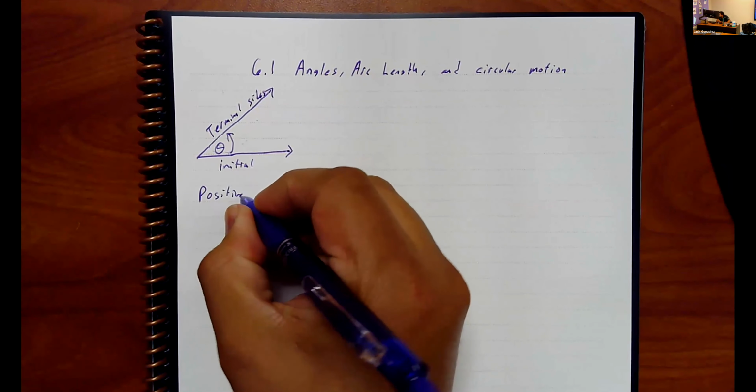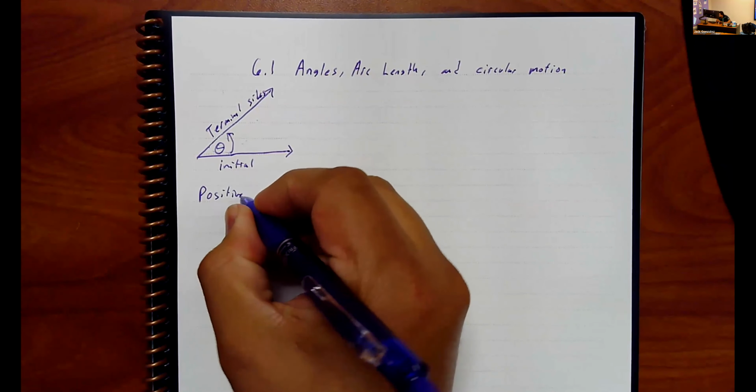Number 11 says sketch in standard position. Let's see the question. So standard meaning positive angles. Where's 30?